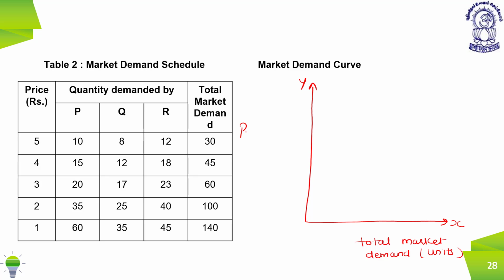On y-axis, we will present price. Price is 1, 2, 3, 4, and 5. So at 5, the total demand is 30. At 4, it is 45. At 3, it is 60.